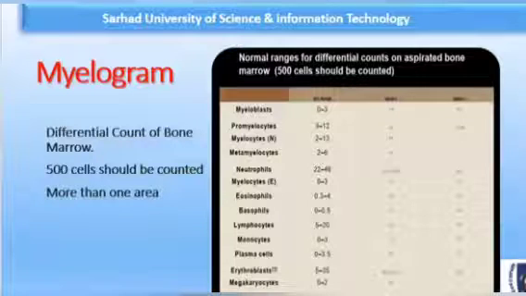This should include all stages of the maturation of WBCs. However, all stages of erythroblasts are counted collectively. At least 500 cells should be counted. It is preferable that the differential count be performed in more than one randomly selected area.